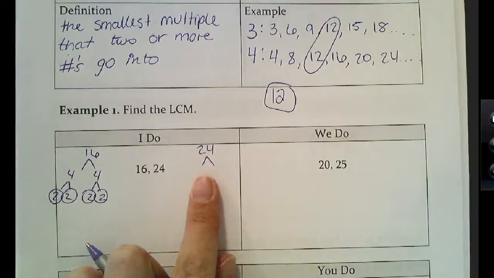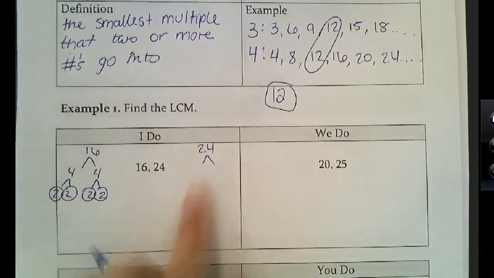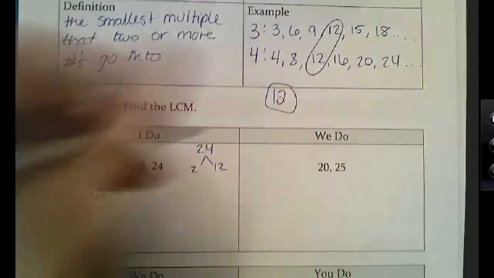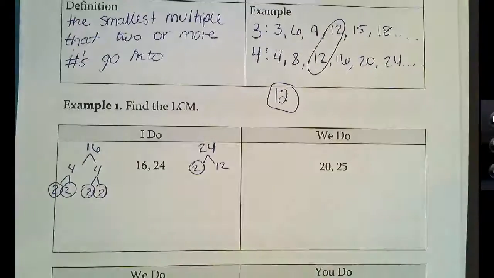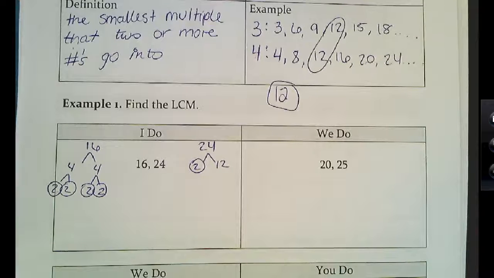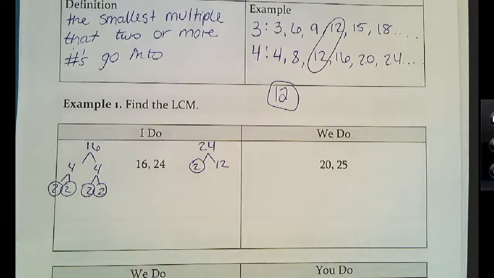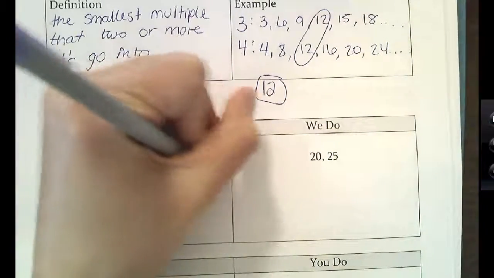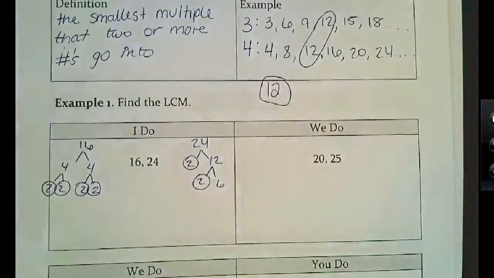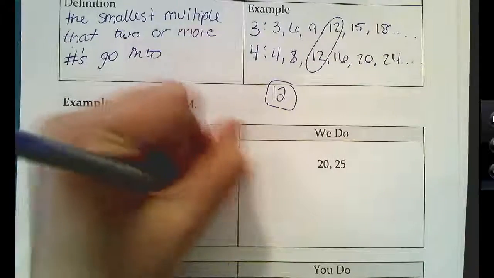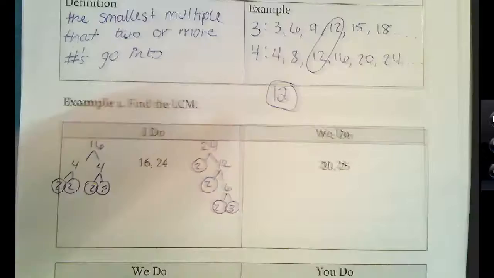What can the 24 break into? 12 and 2. I like it. I'm going to circle that 2 because I know that's prime. And what can I break the 12 into? I like it. 2 and 6. Circle the 2. Just go ahead and tell me what's the 6 breaking into. 2 and 3. Yep. And circle those.